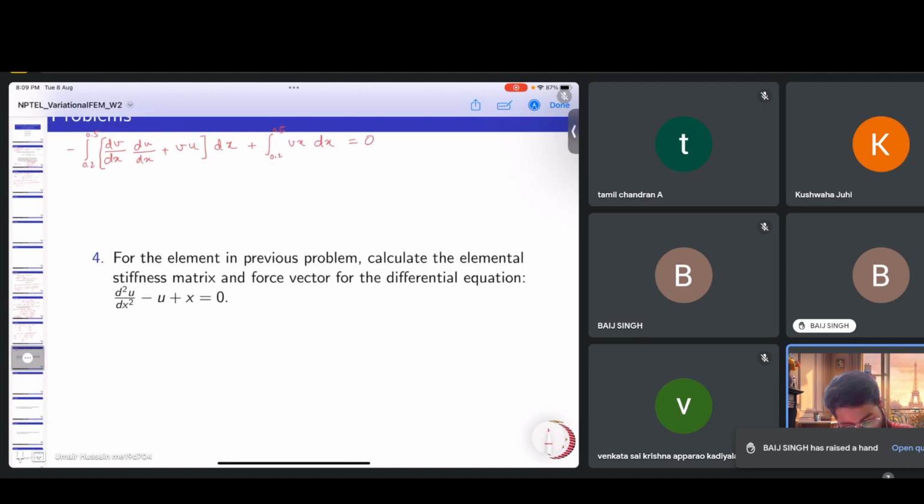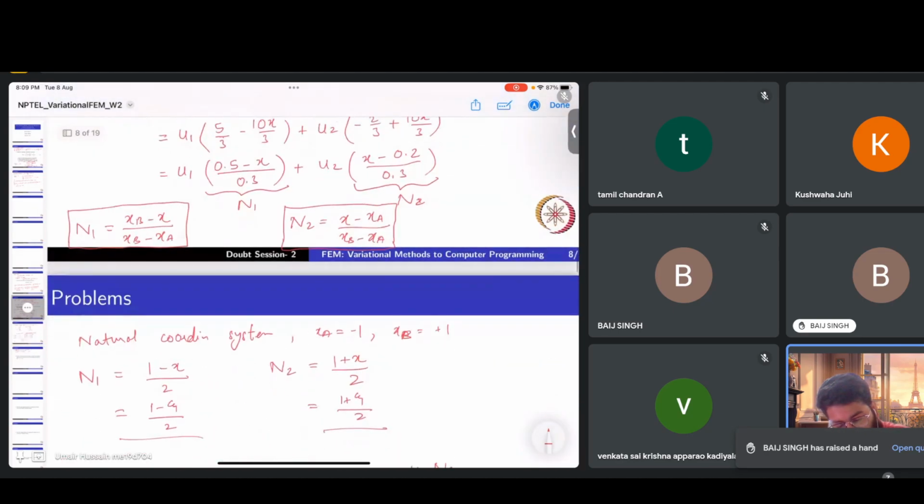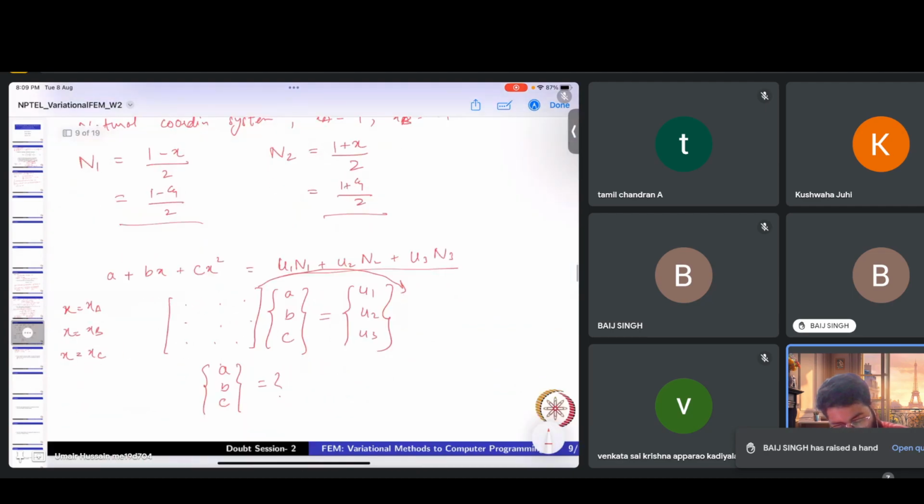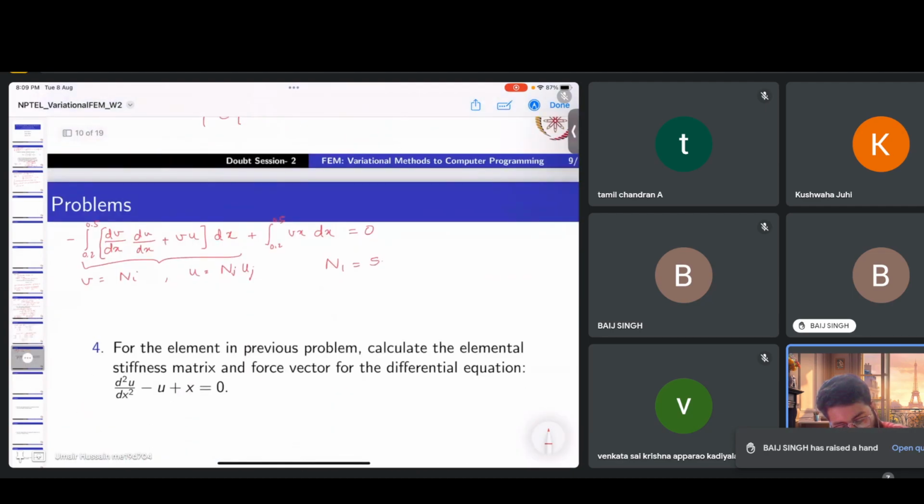For the elemental stiffness matrix, we need to calculate this term, and we assume V equals Ni, U equals Nj Uj. So we have N1 equals 5 minus 10x by 3, and N2 is 10x minus 2 by 3.